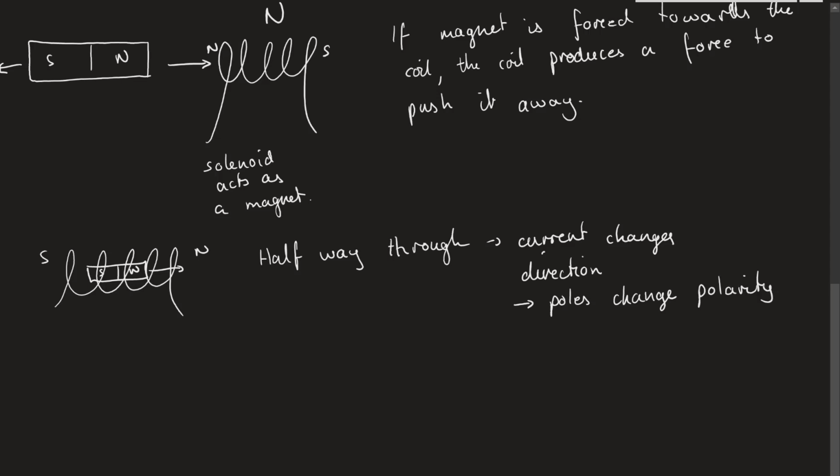So the north becomes south and south becomes north. And that then leads to us having Lenz's law back. It means that if I try to push the north towards the north, it's going to repel. If I try to push the south towards the south, it's going to repel. We have to then put in enough energy to actually push it out of this at a constant velocity, since the forces will always find themselves balancing.